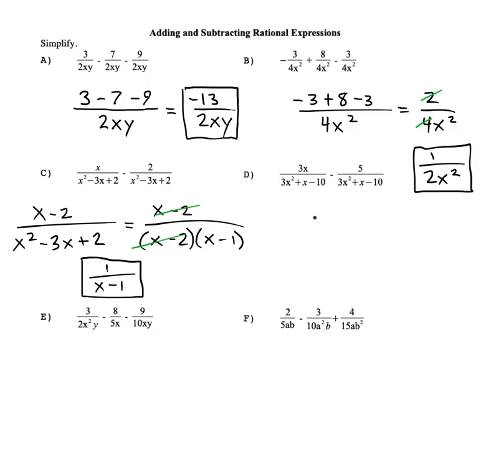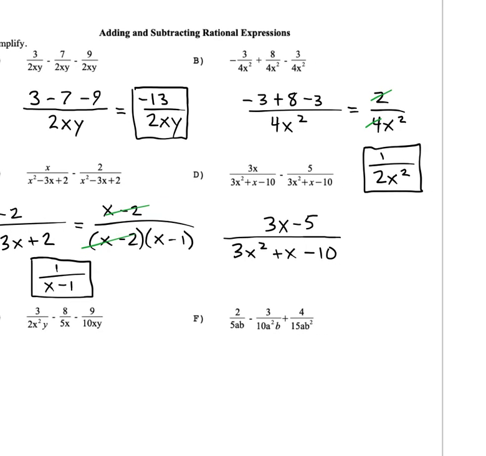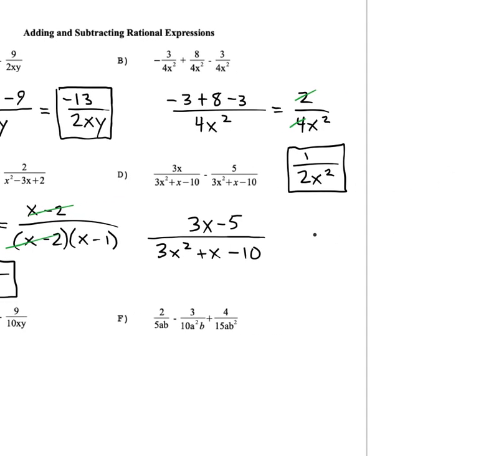Let's see, for D we'll have 3x minus 5 over 3x squared plus x minus 10. And let's see if we can break that denominator up.